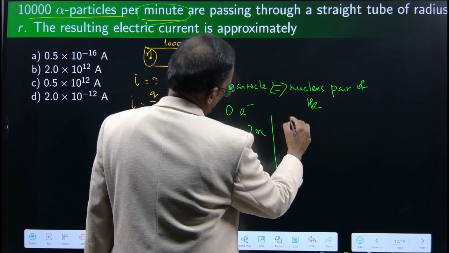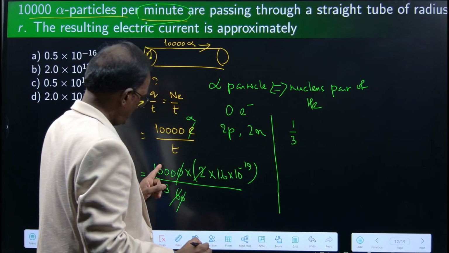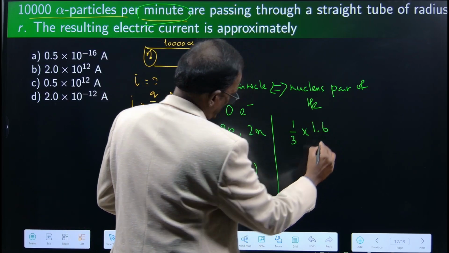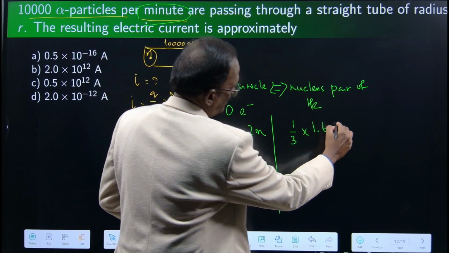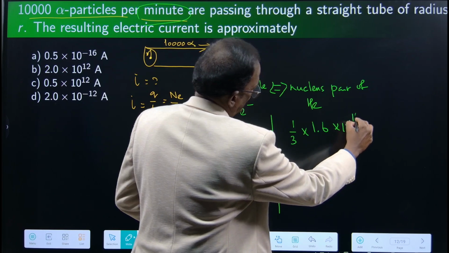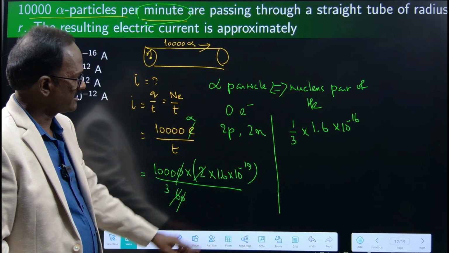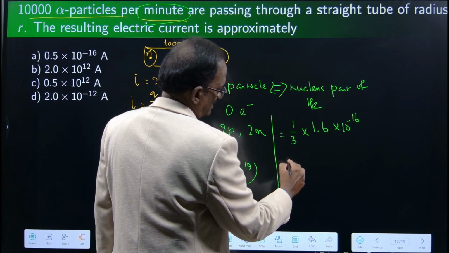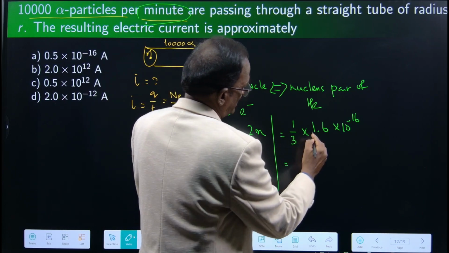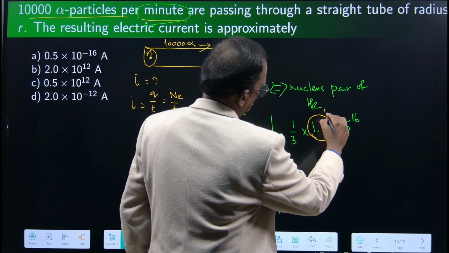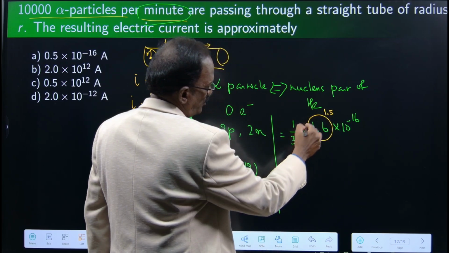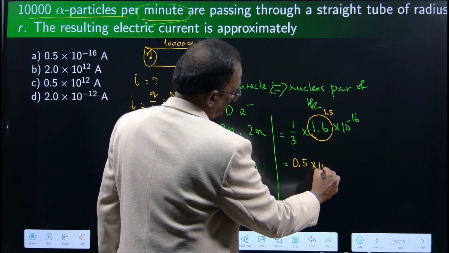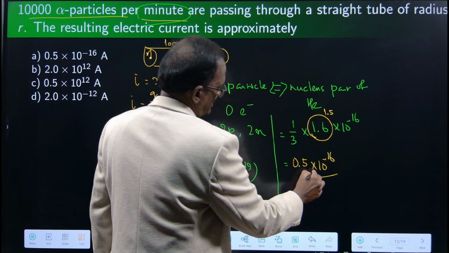So this is 1 by 3 into 1.6 into 10 to the power of minus 16, as I have removed 3 zeros. 1.6 by 3, approximately the 1.6 can be written as 1.5. So 1.5 by 3 is 0.5 into 10 to the power of minus 16 is the answer.